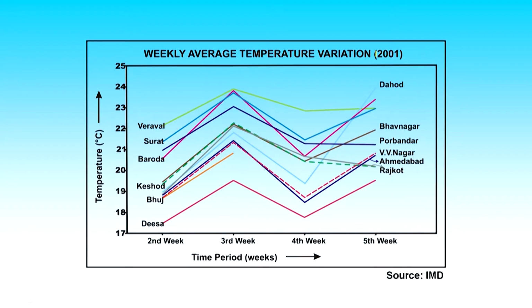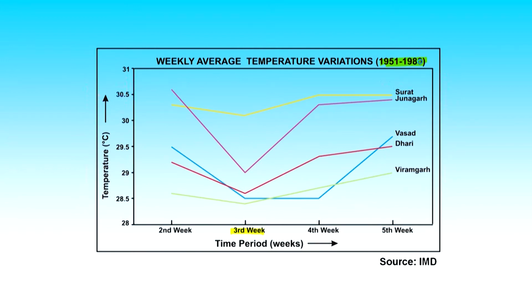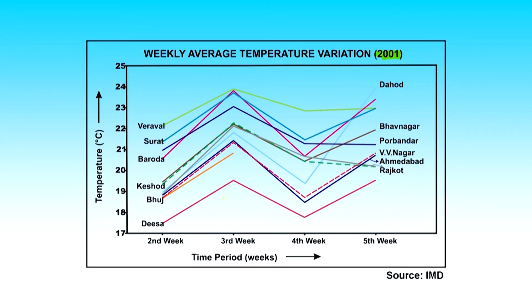But in the year 2001, all these stations, and a few more which were not available, showed very high temperature. The Bhuj station stopped working, as it was damaged due to the earthquake. So, air temperatures were also showing high values in that week compared to the 30 years weekly average data.